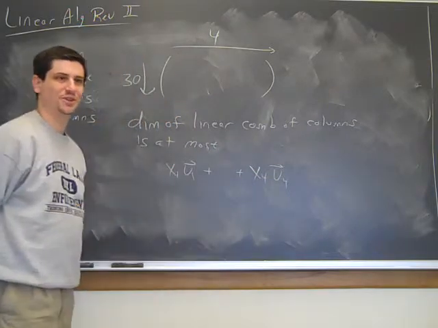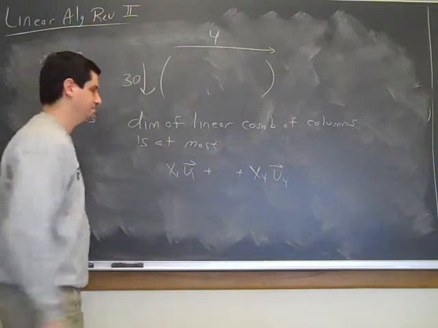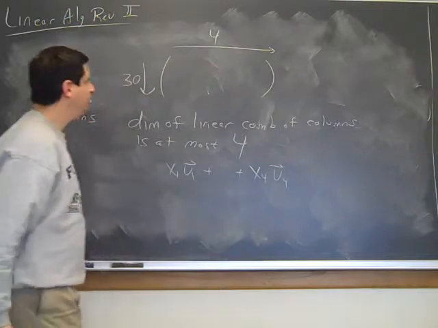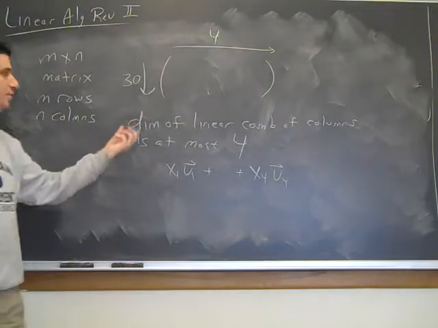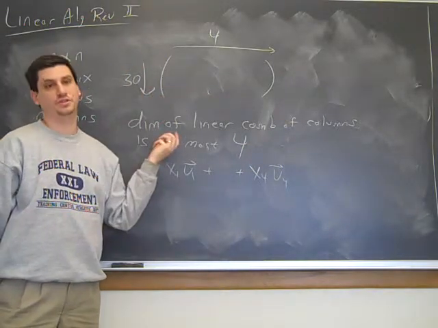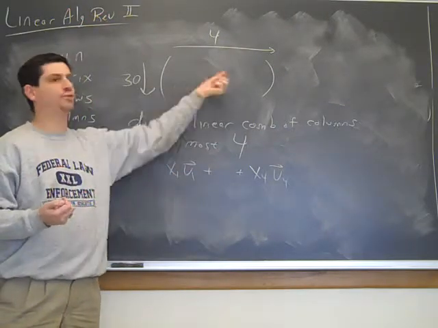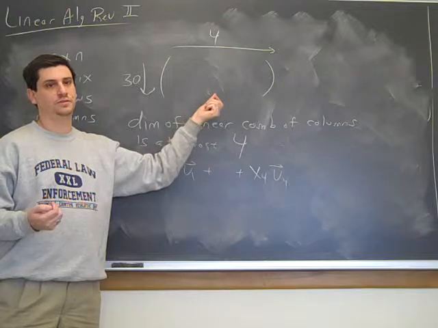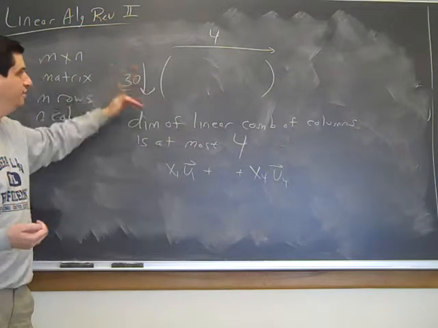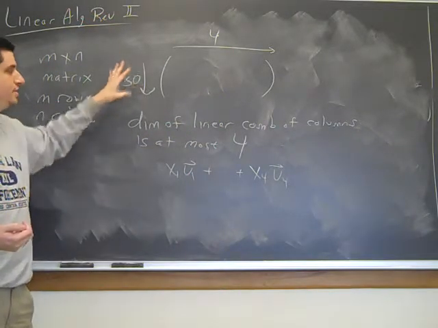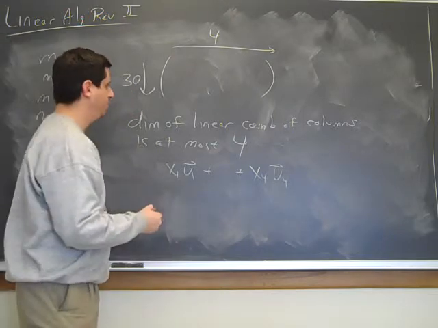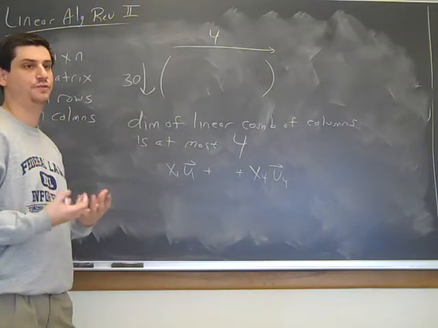So what's the largest it could be? 4. Even though I have 30 rows, even though these are vectors with 30 components, I can't get a 30-dimensional column space because I only have 4 directions. Okay? So even though these are vectors in R30, it's still at best 4 directions.